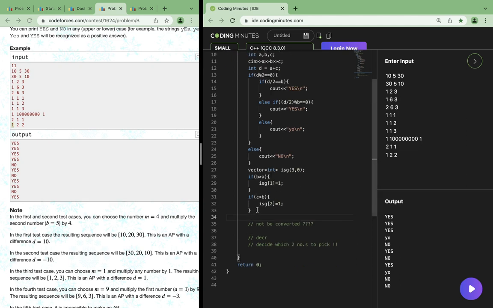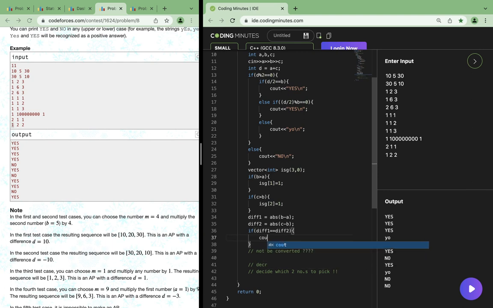Let's take the differences between them. So difference 1 would be equal to absolute value of b minus a, and difference 2 would be equal to absolute value of c minus b, and if difference 1 is equal to difference 2, then obviously they are an AP.